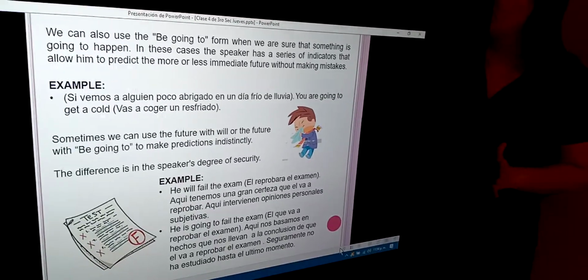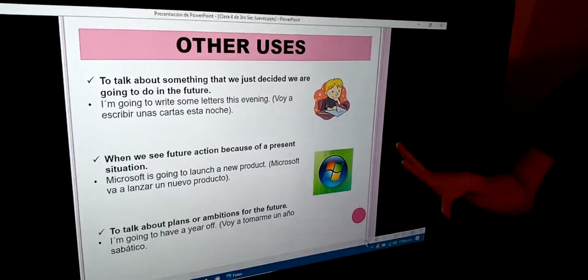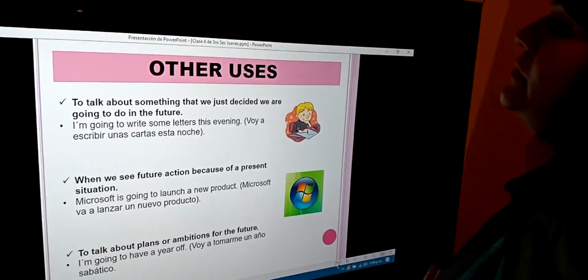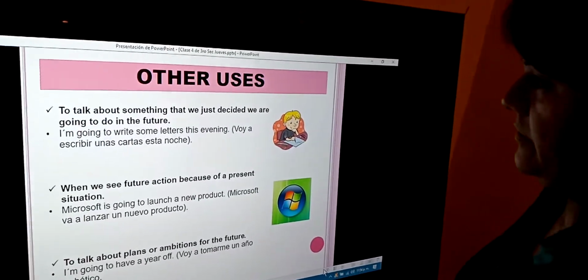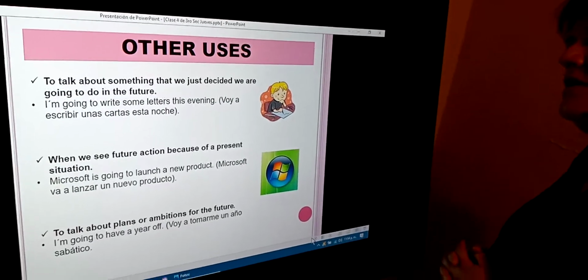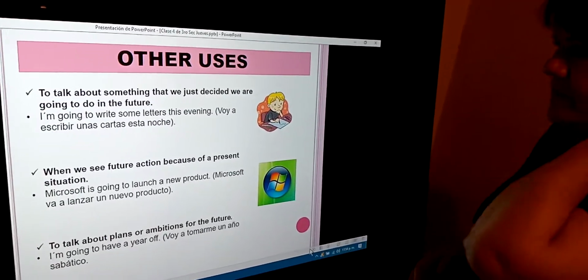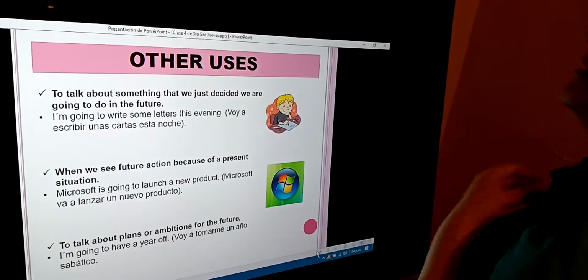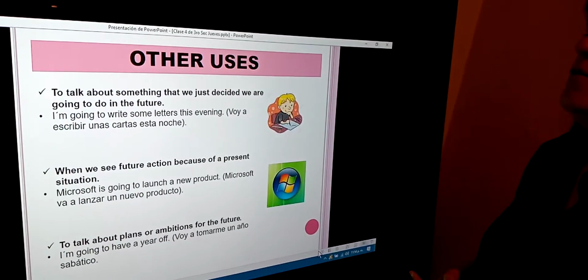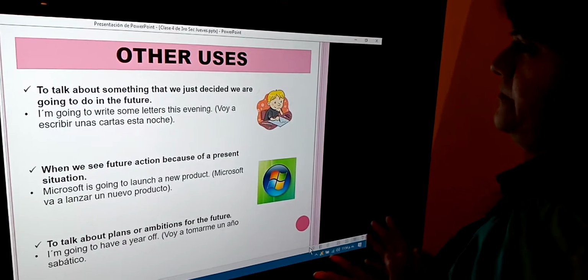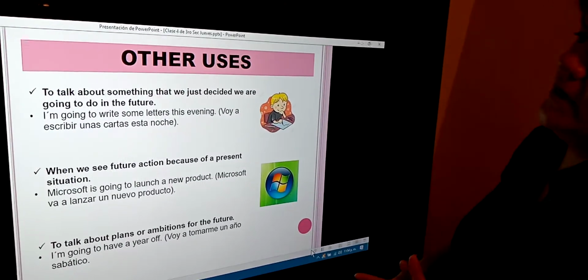Next. Other uses. Other uses is to talk about something that we just decided we are going to do in the future. Okay, let's see right here.